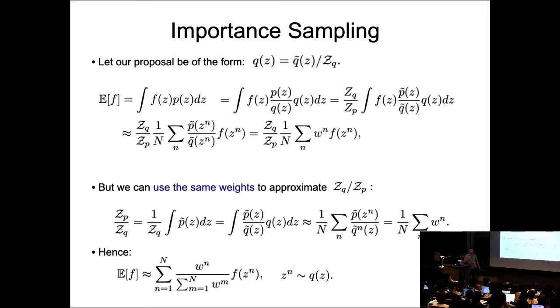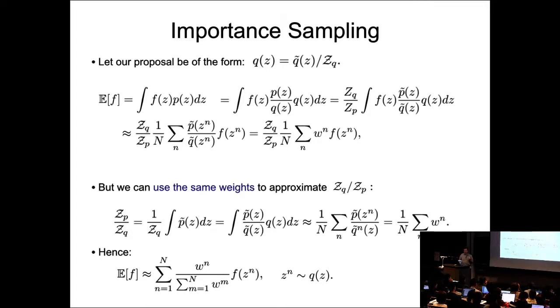So what it comes down to is, when I'm estimating my function f using importance sampling, I'm going to draw samples from my proposal distribution Q. I'm going to compute these importance weights, which are the ratio of unnormalized probabilities, something that I can do, divided by their sum. These are normalized importance weights, so all of them are below 1 and they sum up to 1. It's a weighted average where these weights are normalized, and you get the expectation of f.